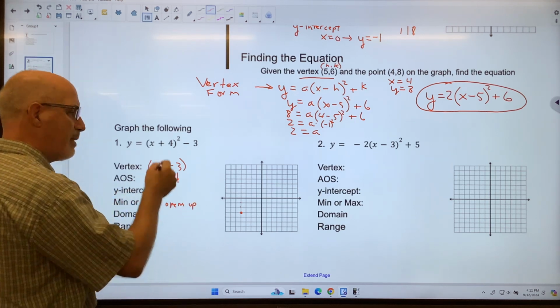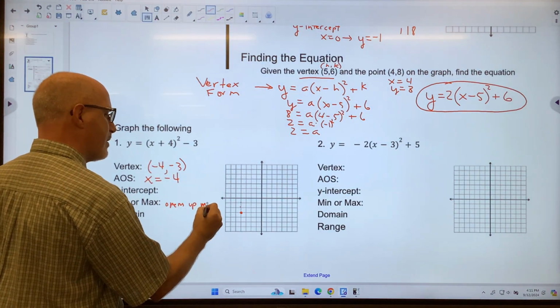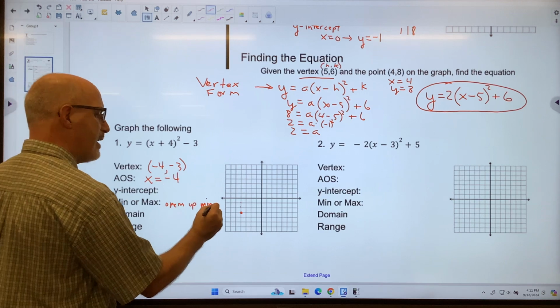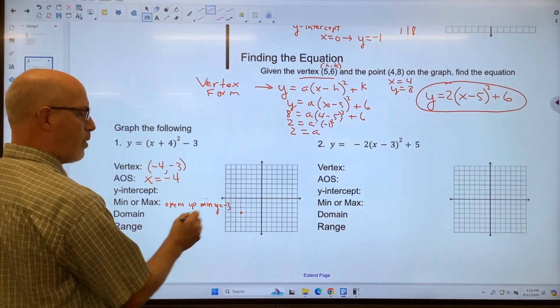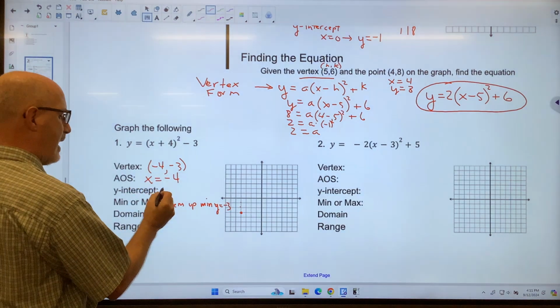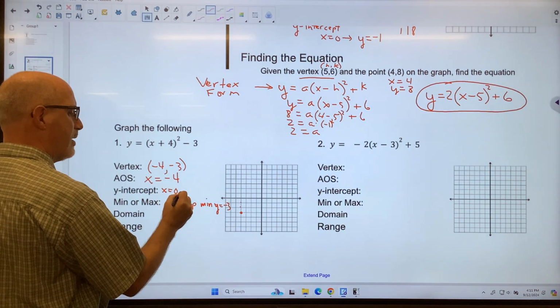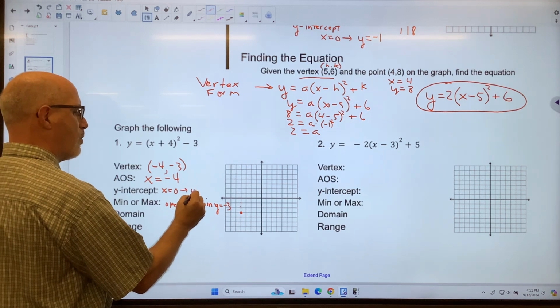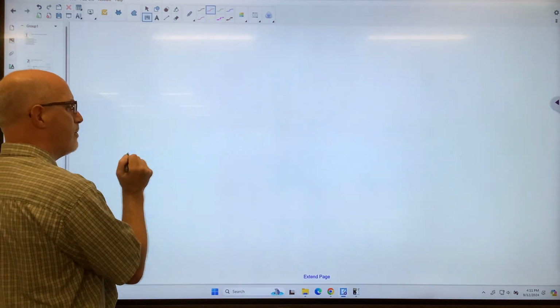I'll put opens up. And so that's going to mean this is going to be a minimum at y equals that -3. So that's the y value there. Let's do the y-intercept. If you put in x equals 0 into it, what do you get out for y?